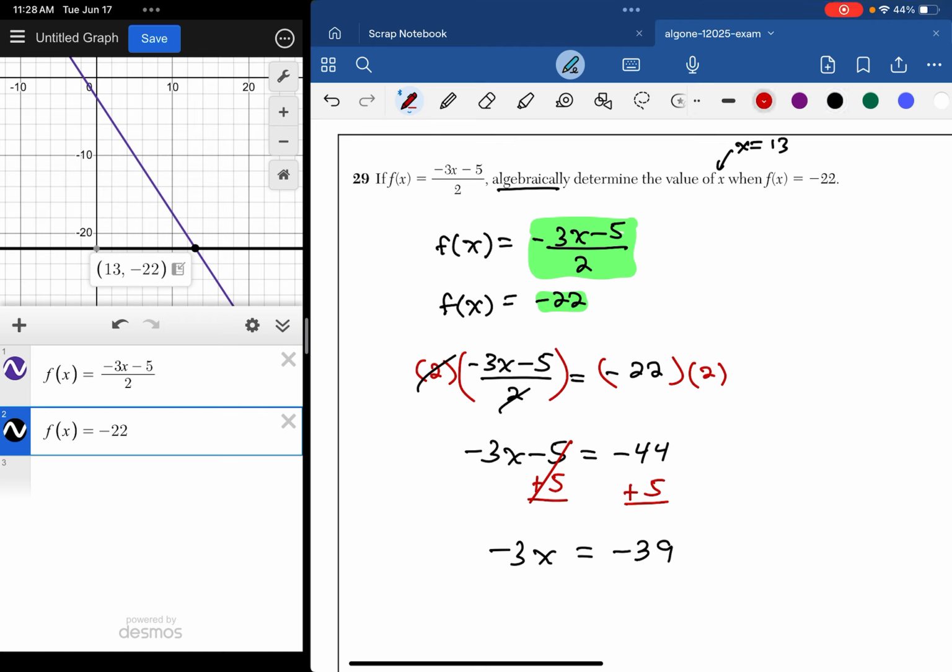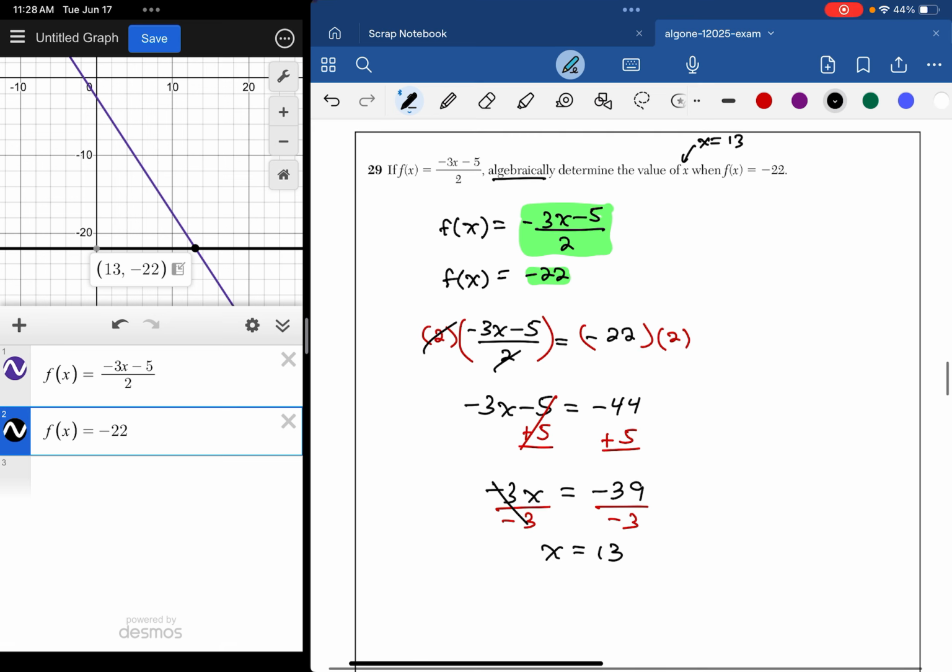Divide out the negative 3 and I get x equals 13. Right? So it's nice to know going in what I'm trying to get as a final answer. And that ended up being the case, so that's good news. All right.